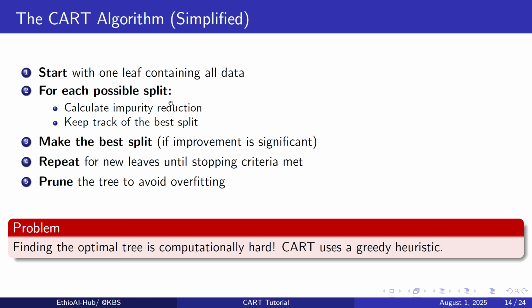We'll talk about what the stopping criteria are, or why it is a very bad idea to let the tree grow very big. Prune the tree. Pruning is on the next slide. So basically overfitting happens.